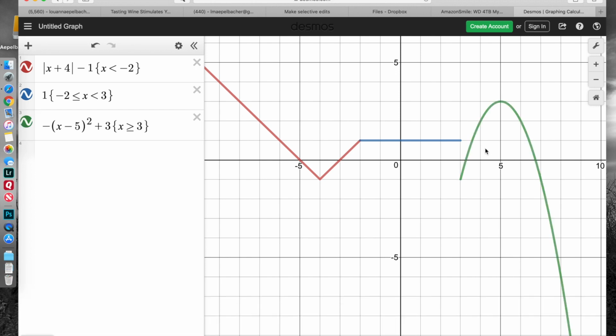And so over here in the graph, you see that the graph does have a discontinuity here. It doesn't connect where x is 3. The function is defined at x equals 3, y is -1, not up here. X is 3 is undefined at +1, but it's defined at 3, -1.